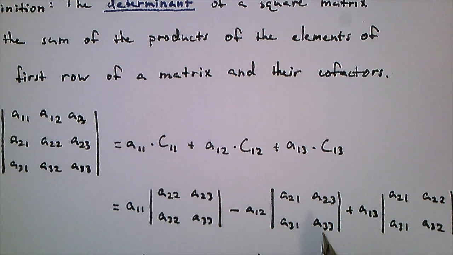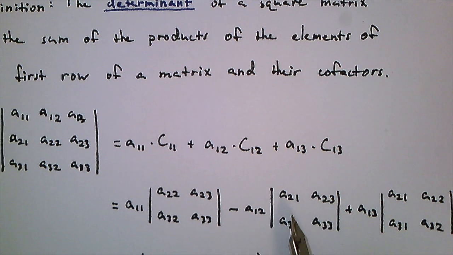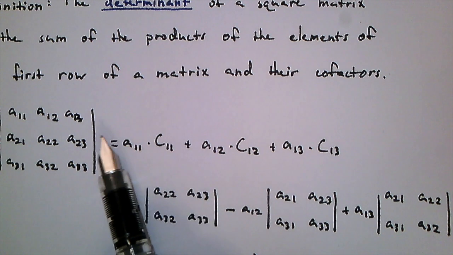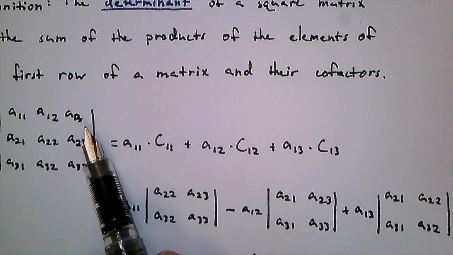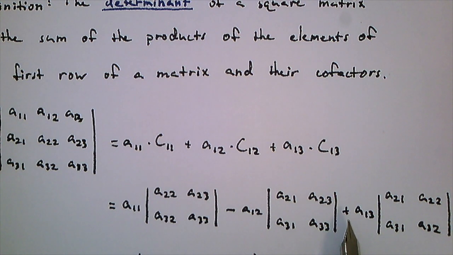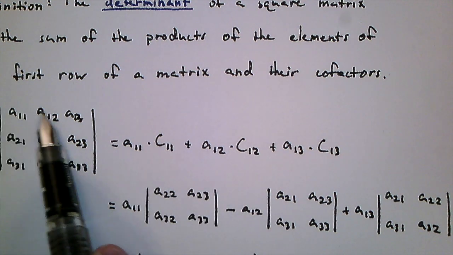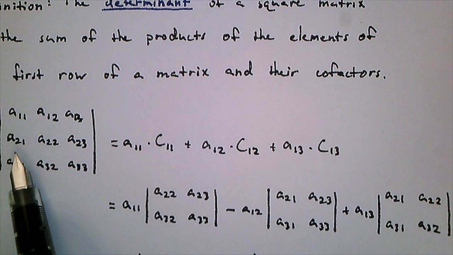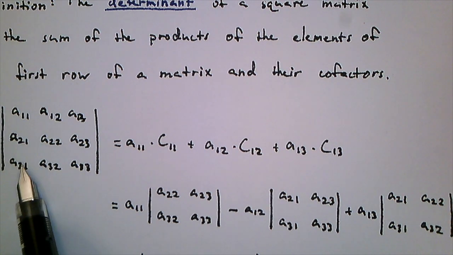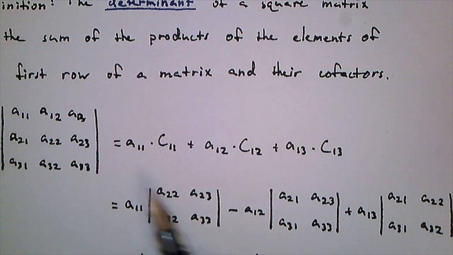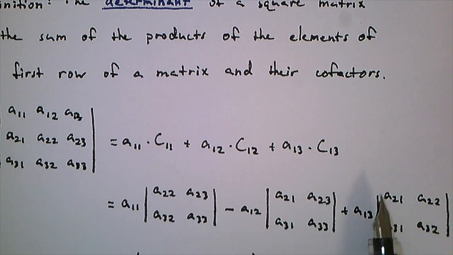So we form that into a matrix and take its 2 by 2 determinant. Next, we go to A13. This had a plus sign in our pattern matrix, so we keep the plus sign here. And then we delete the first row and the third column and take what's left over, A21, A31, A22, A32. We form that into a matrix and take its 2 by 2 determinant.